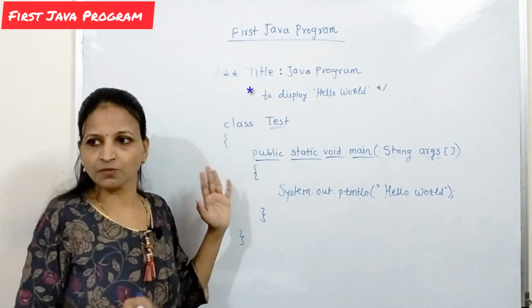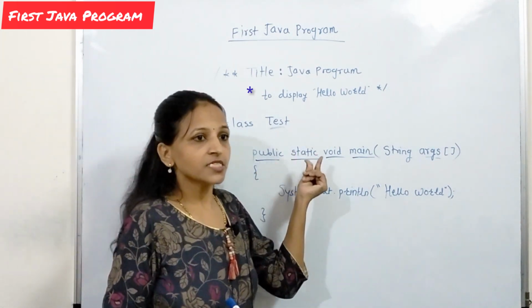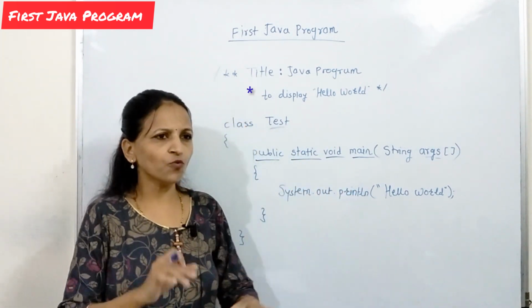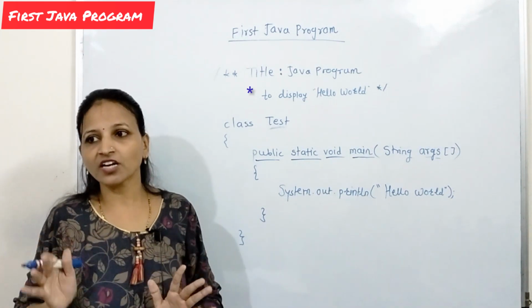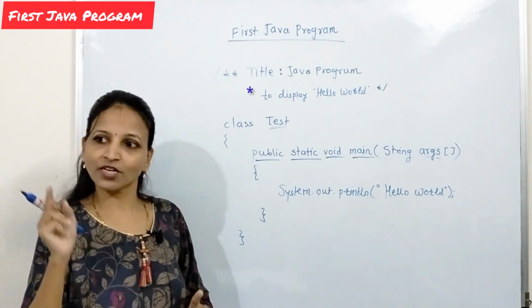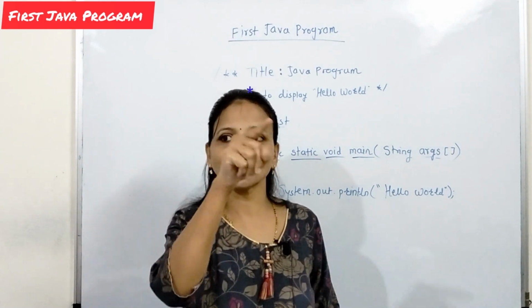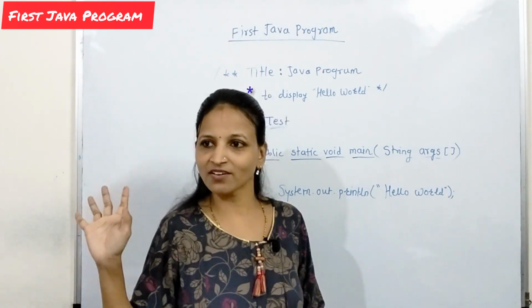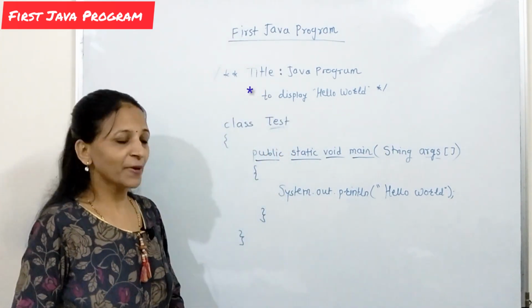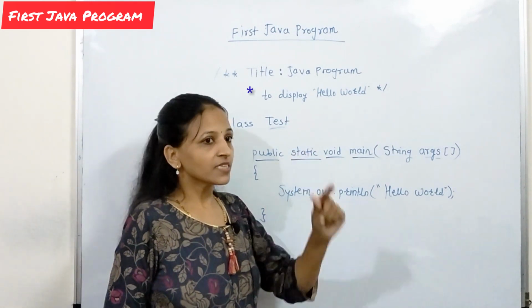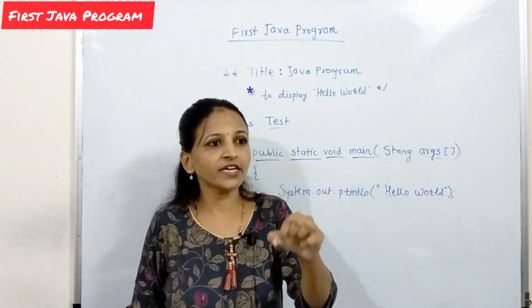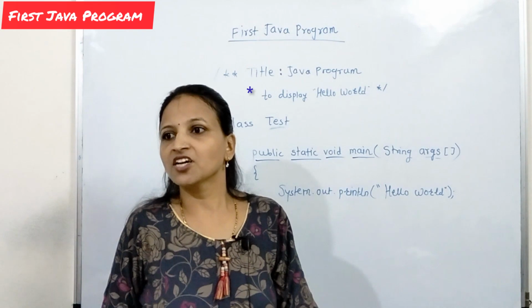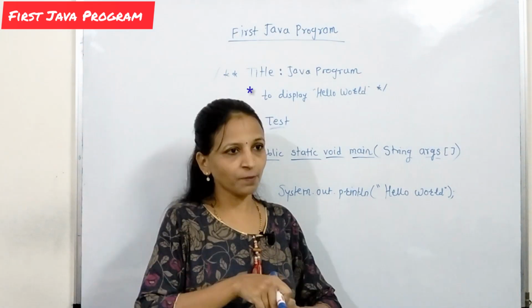Static means, if you want to call any method of a class, then normally we have to create an object of that class and then call object dot method. But if any method is static, then there is no need to create an object of that class. Without creating an object, that method can be called.